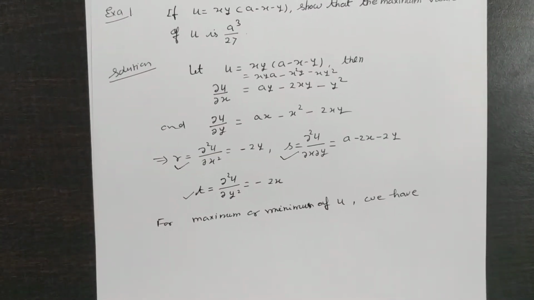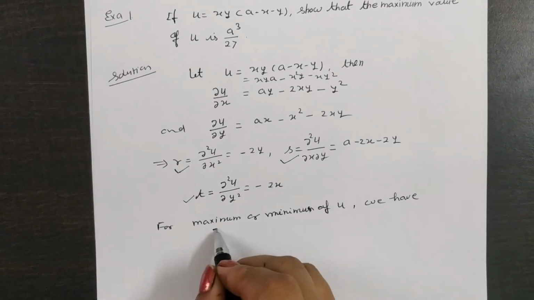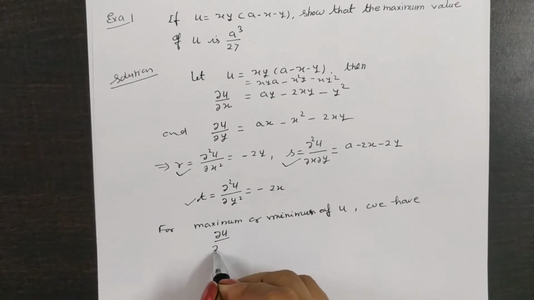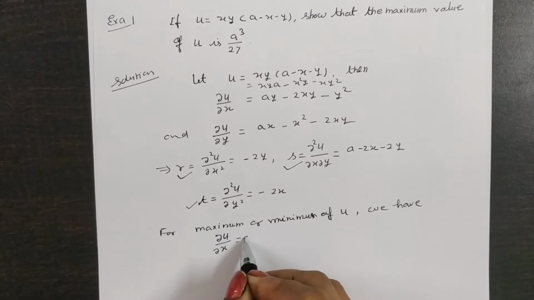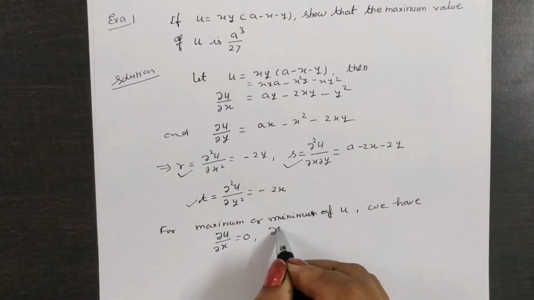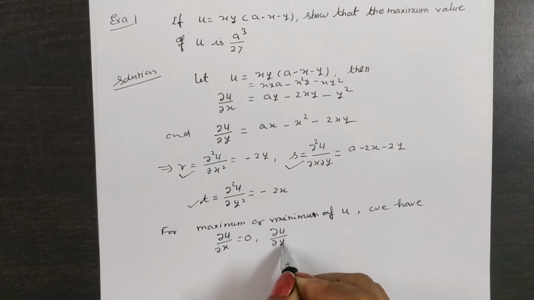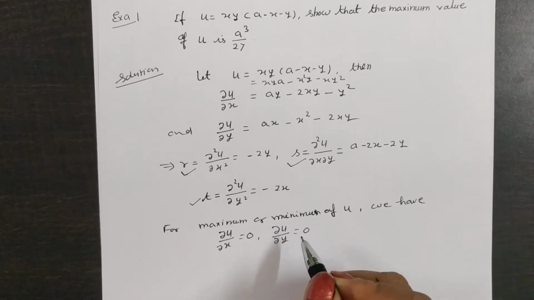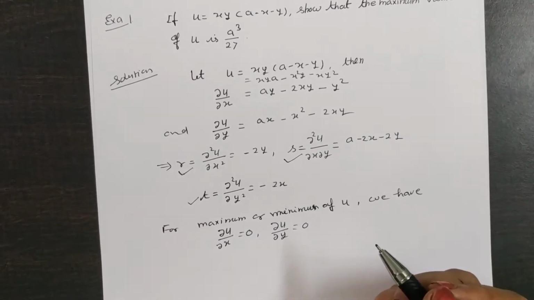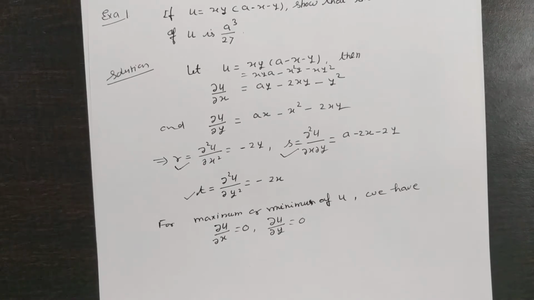Last time I explained that del u by del x is equal to 0 and del u by del y is equal to 0.